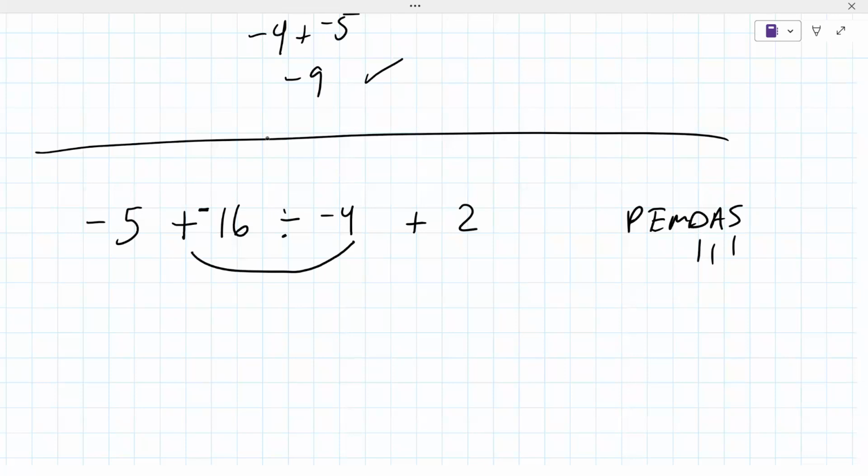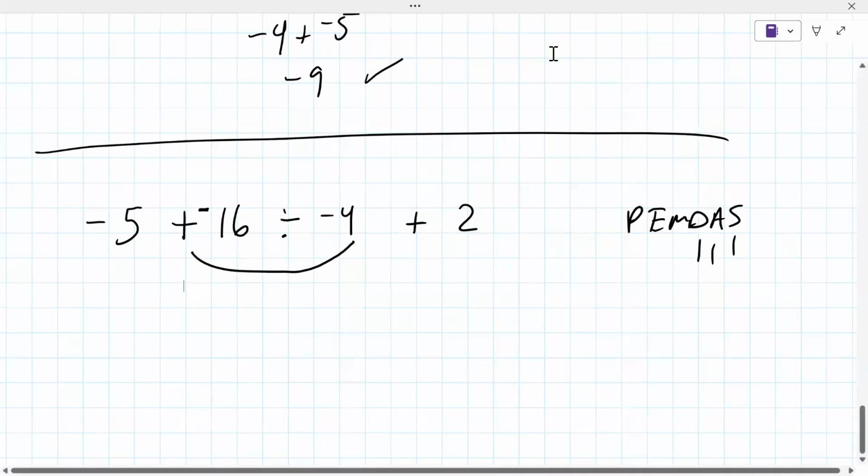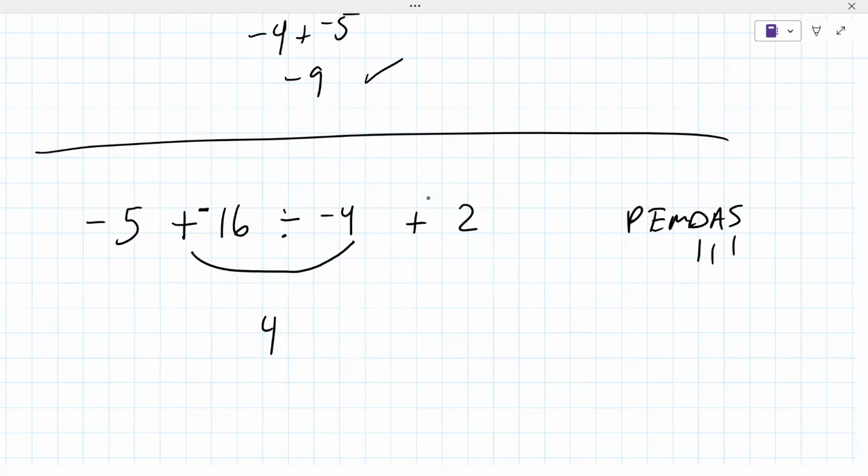Because they're both the same sign, wait, it's +4. Yes. So -5 plus 4 plus 2. Work it from left to right now.